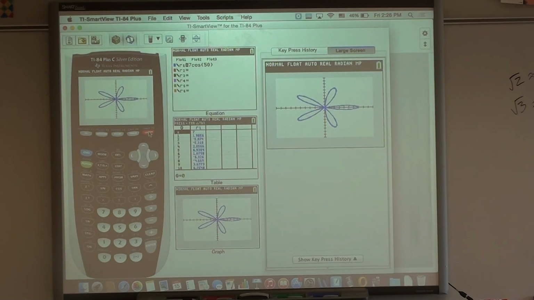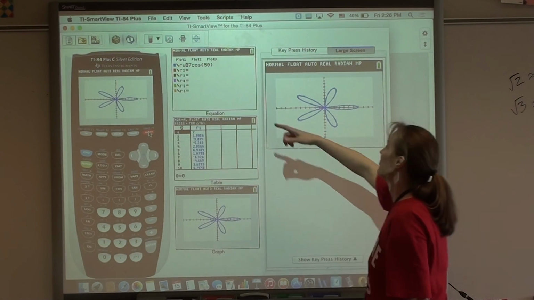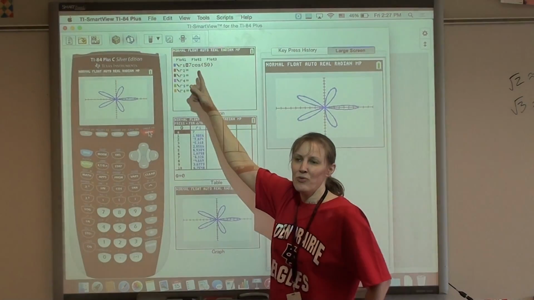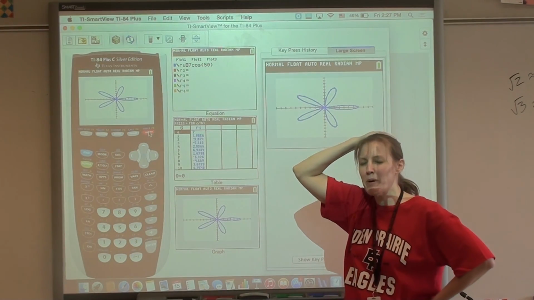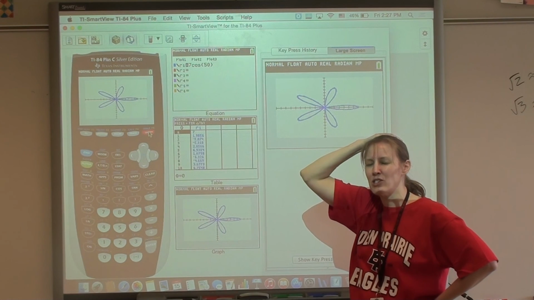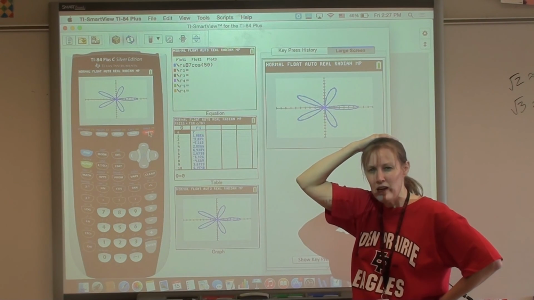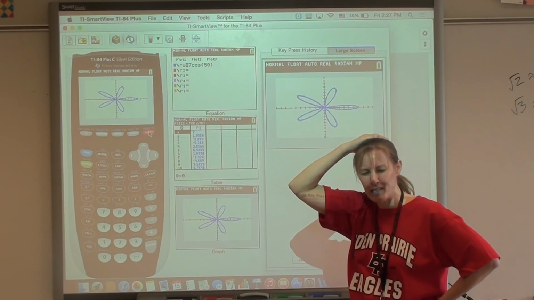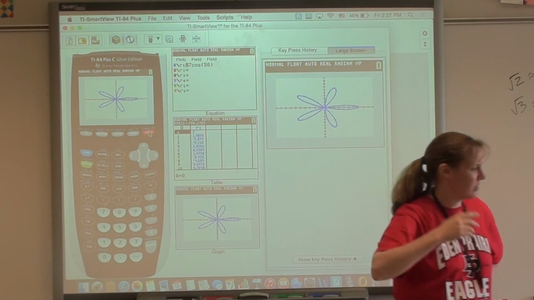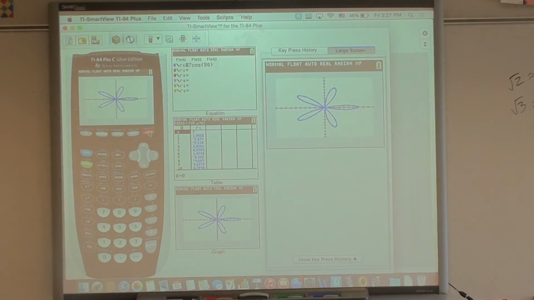Oh, you're cosine 5 theta. Guys, the number that's in front of the theta, if I remember right, if it's odd, it tells you the number of petals. If it's even, it's twice the number, I think. Let's try and see. It's been a while.